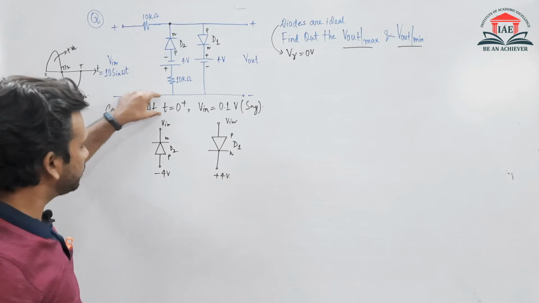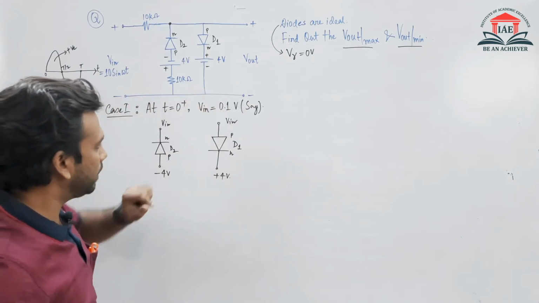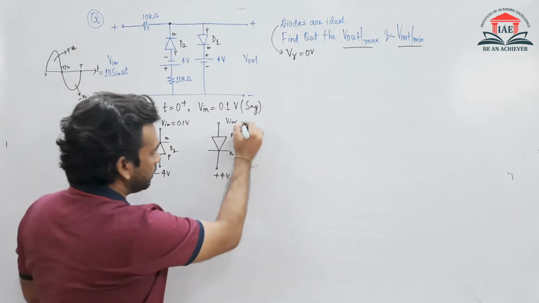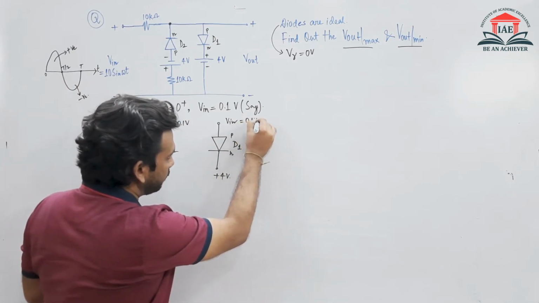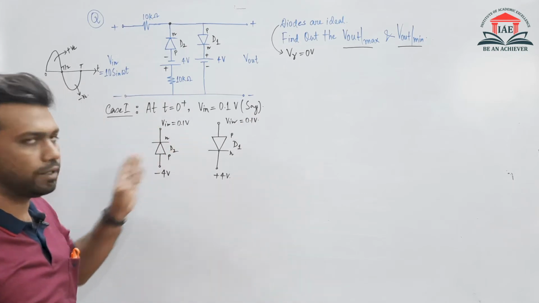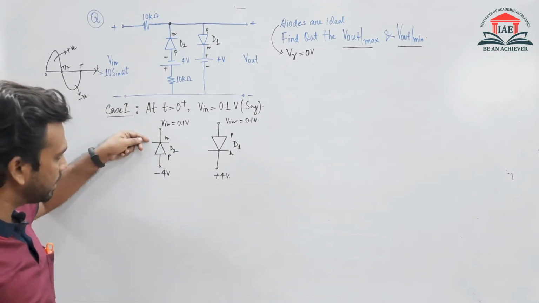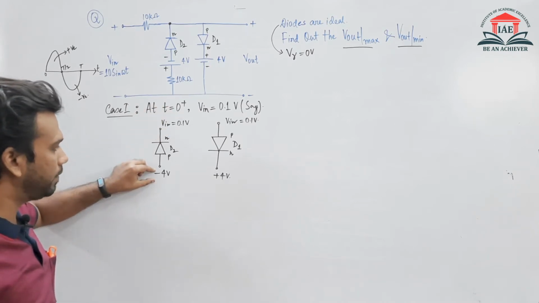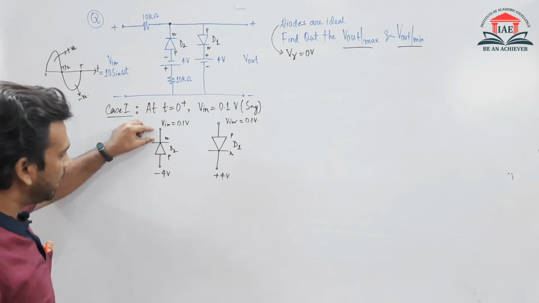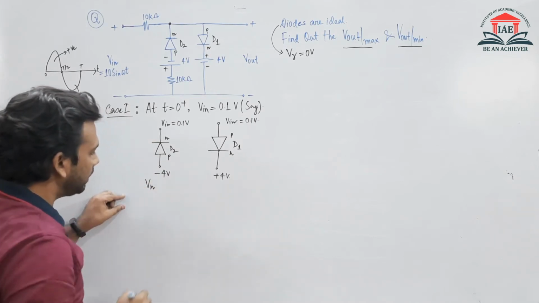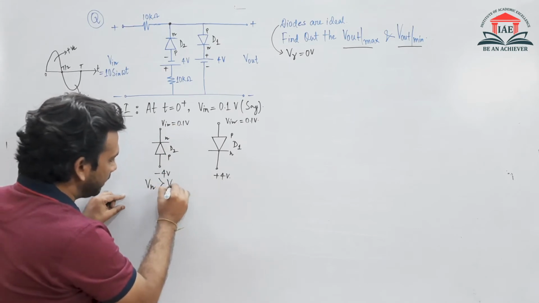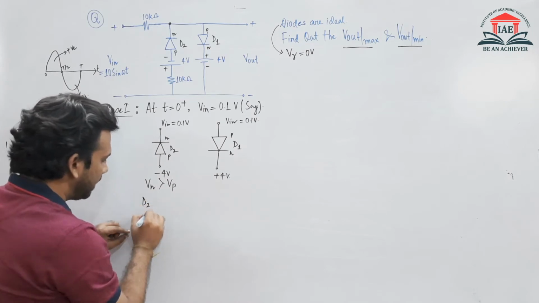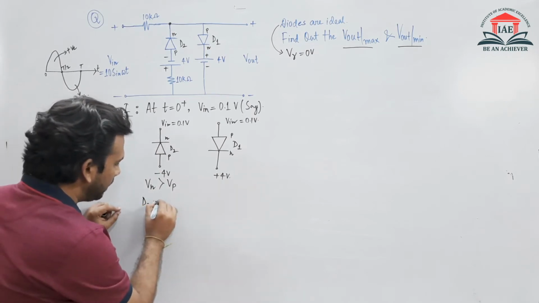Now at t equals 0 plus, the input voltage is 0.1, so this voltage will be near about 0.1 volt. Now if I ask you what will be the state of the diode, at the N side you are getting 0.1 volt and at the P side you are getting minus 4 volt. That means the voltage at the N side is greater than the voltage at the P side. So we can say that the D2 diode will be in the off condition.